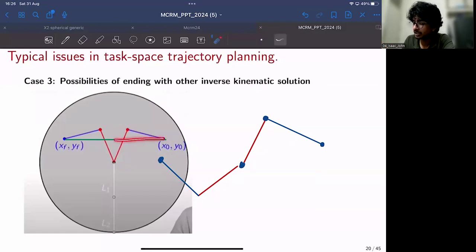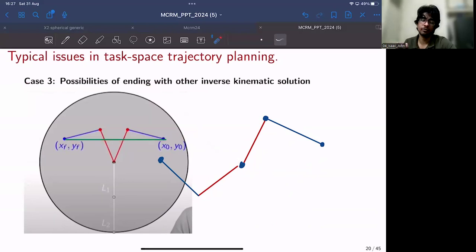But once it reaches some singular point, or some point of issue, it'll go from this configuration to the other solution. So that also may not be ideal in a lot of situations. So that is another possibility if you are trying to plan a trajectory in task space.